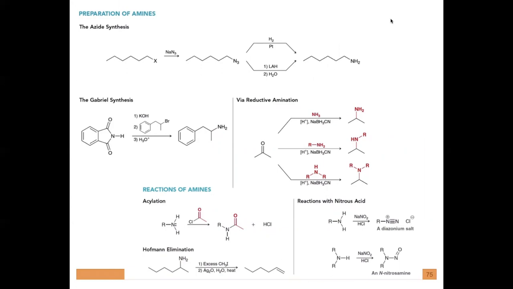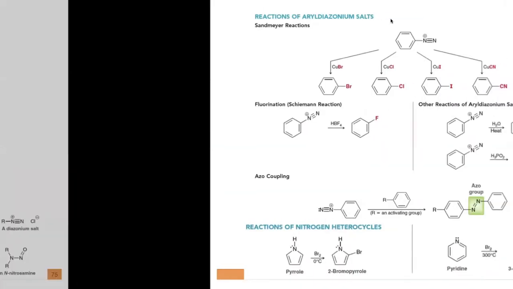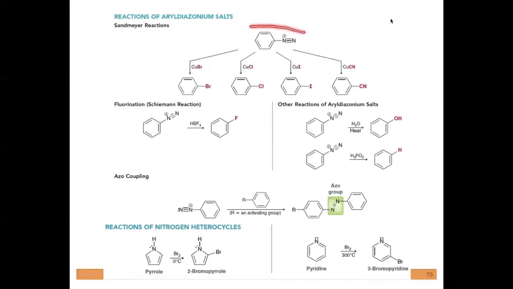Primary amines with nitrous acid tend to give you these diazonium salts. Secondary amines with nitrous acid give you an N-nitrosamine. If you have an aromatic diazonium, you can do these Sandmeyer reactions and get all sorts of interesting compounds. And then finally, you can do azo couplings. And that is it for the amine chapter.